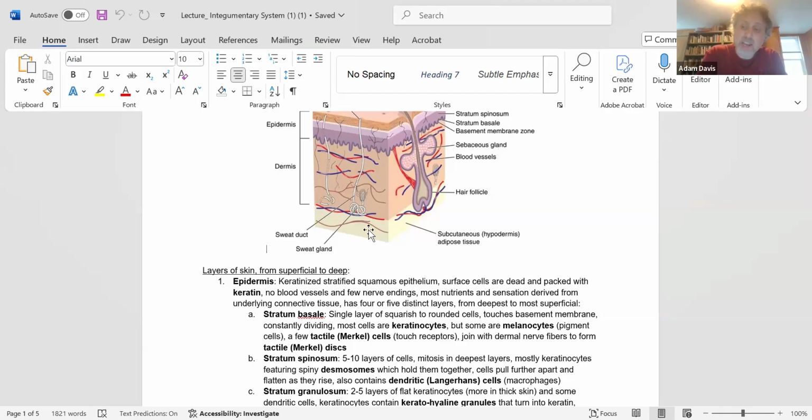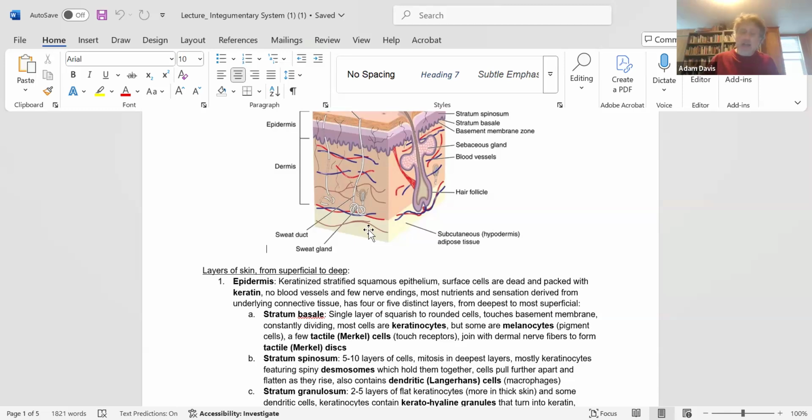Some amount of areolar connective tissue down there, but mostly it's adipose tissue. The subcutaneous tissue, or hypodermis, lies between the dermis and the underlying muscular tissue. Thickness varies depending on where in the body you are. Some parts of the body have very little hypodermis. Some parts of the body have a very thick hypodermis.